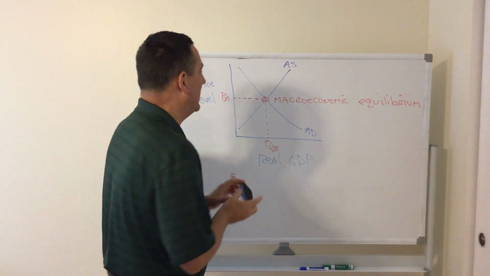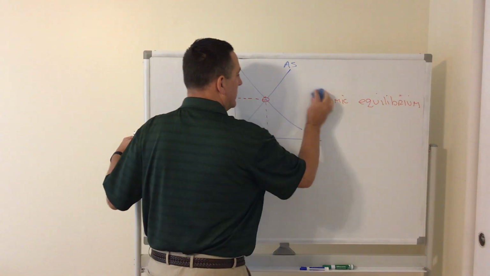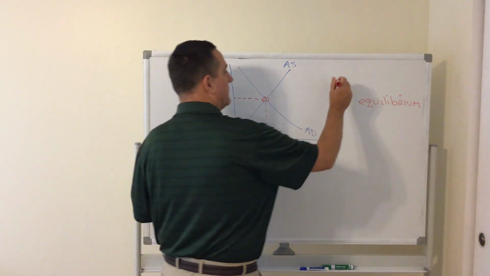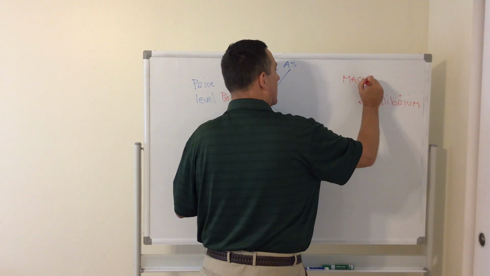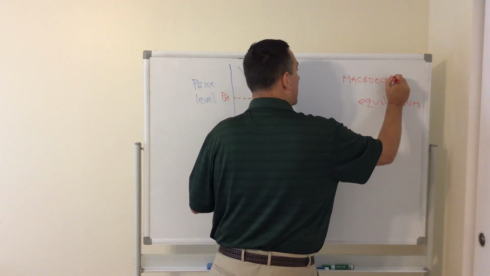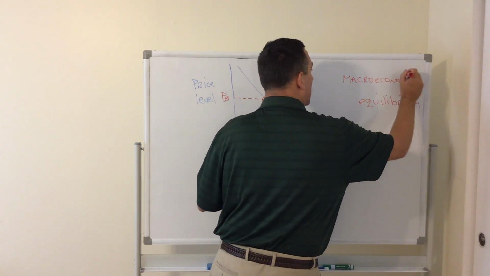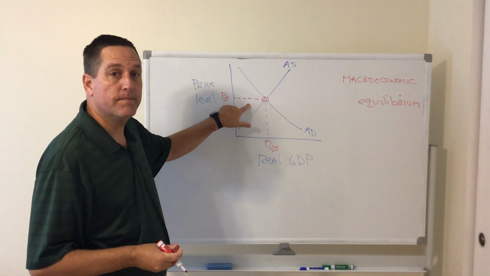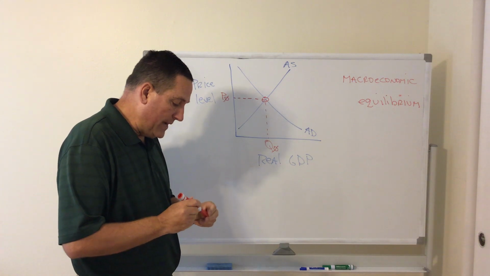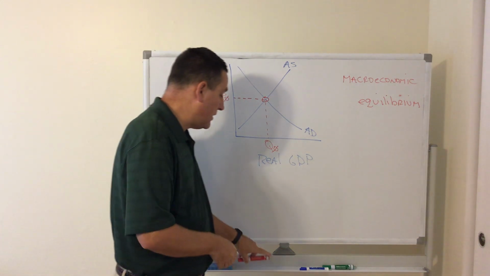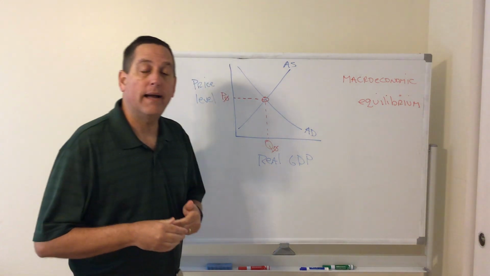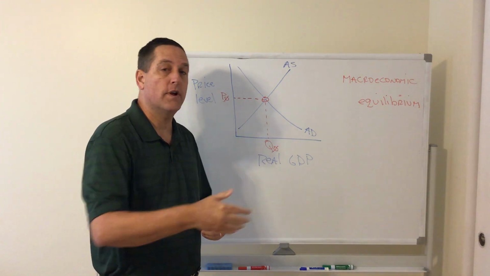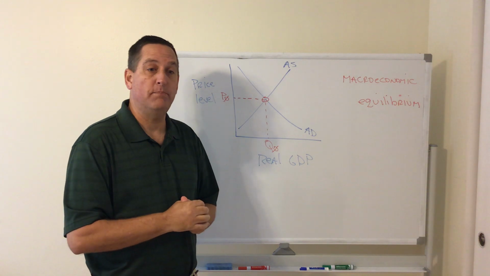But what if we don't like macroeconomic equilibrium? What if we don't like the point where our economy is at today? Well, what if the government decides to help the economy get better by giving out those stimulus checks, giving out $1,200, increasing unemployment benefits?